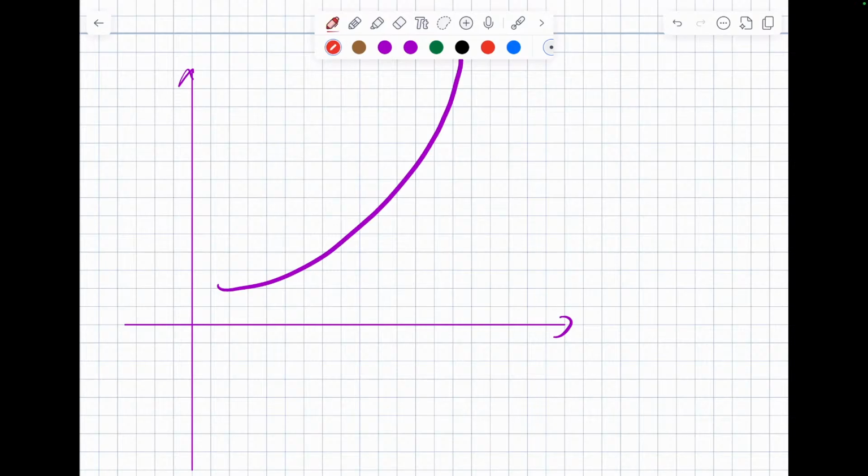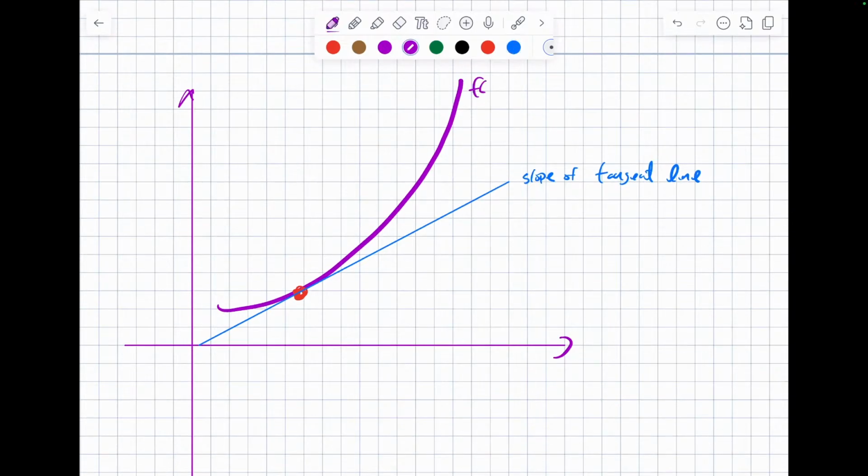Let's say I want to know the tangent line at this particular point right here. I'm interested in the slope of the tangent line. Now, I only have the function f of x.